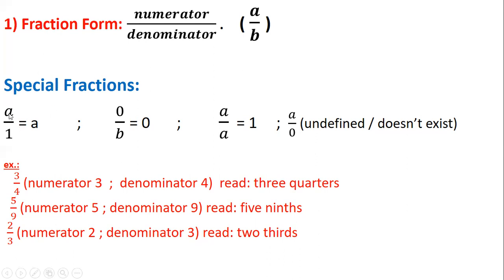When we have a fraction A over 1 or any number over 1, for example, 5 over 1, 7 over 1, 10 over 1, 13 over 1.